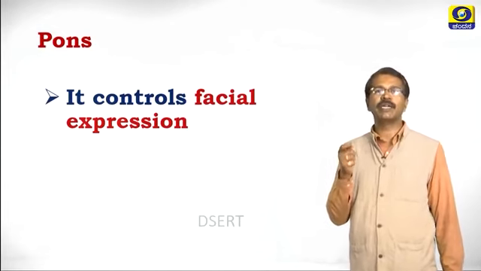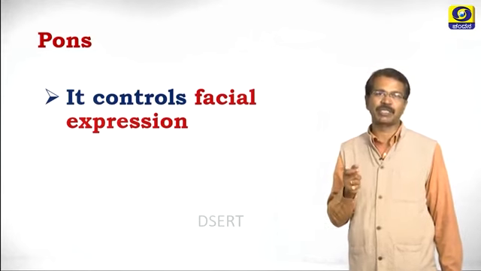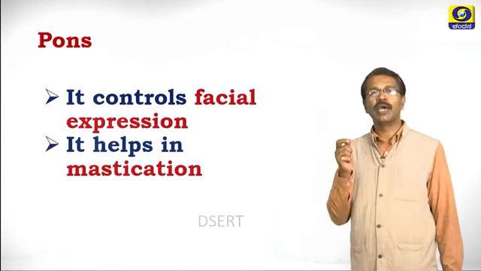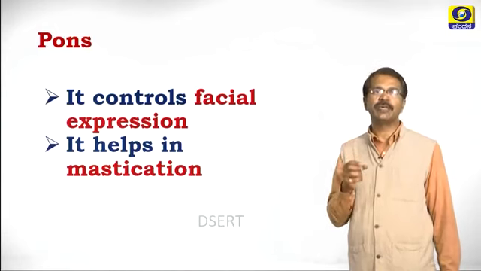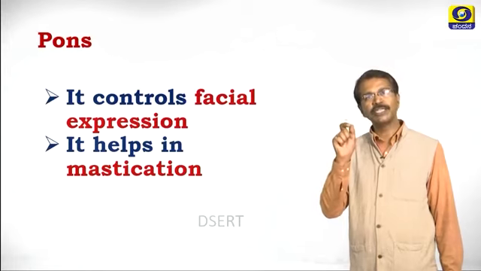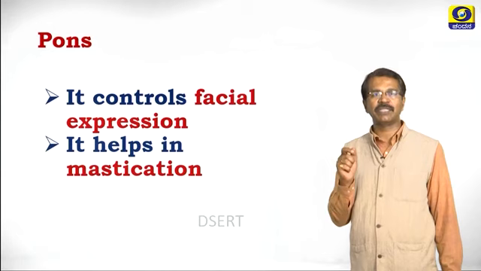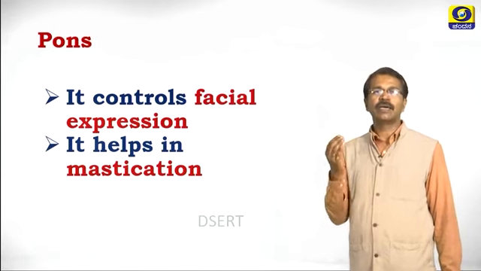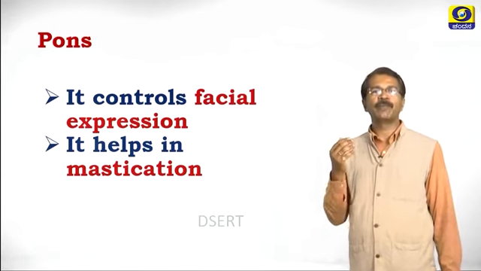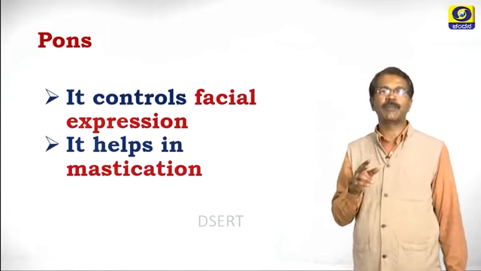The pons is an important part of the hindbrain which controls your facial expressions. Apart from that, it also helps in mastication, the chewing of food. It cuts all the food particles into very small pieces. That process occurs in the mouth, or buccal cavity, by the action of the upper and lower jaw. That is what we call mastication, and it is under the control of the pons.